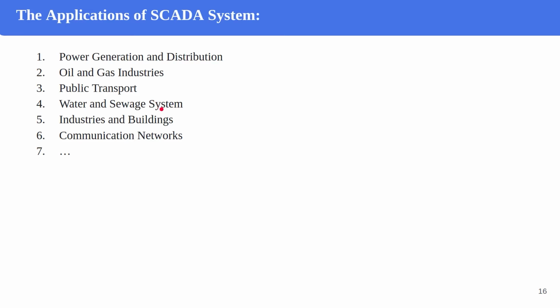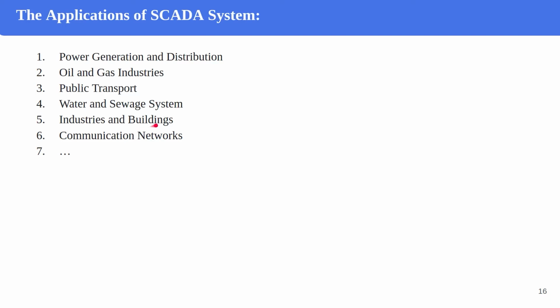For water and sewage system, the SCADA system can be used by the municipal corporations for controlling, monitoring water flow, pressure in distribution pipes.